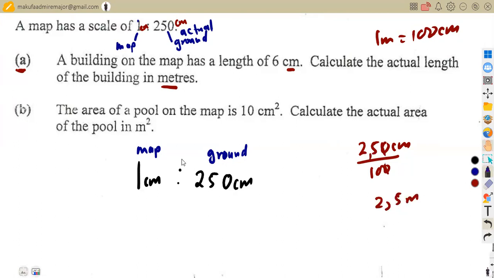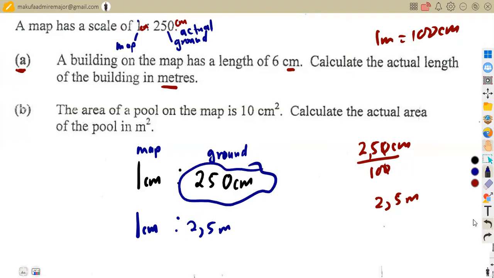So instead of writing it the way I'm given here, I can even say 1 centimeter is representing 2,5 meters on the ground, which is one and the same thing, because 2,5 is the same as 250 centimeters. I can even go up to the kilometers. From meters to kilometers, divide by 1,000, up to whatever you want.